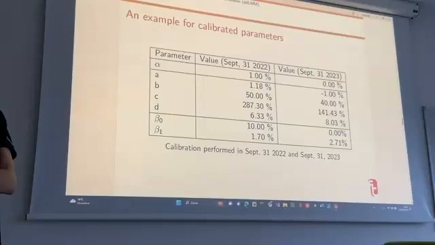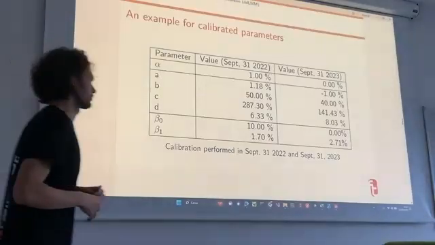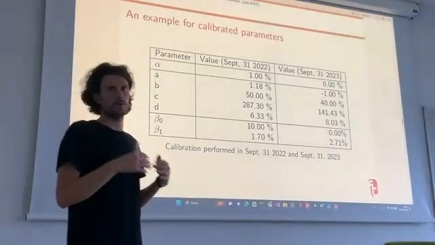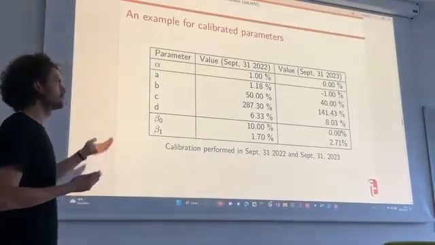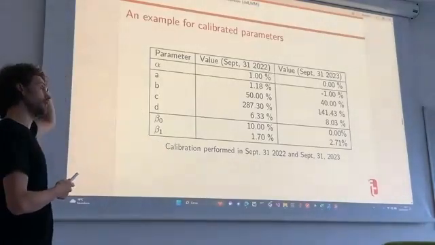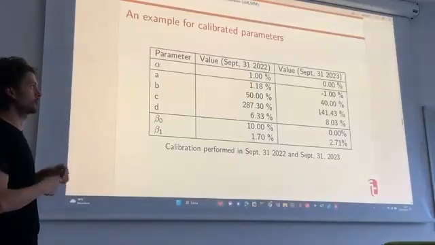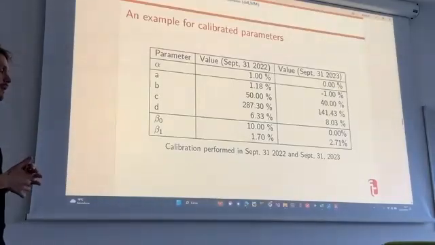Okay. How can I recognize if my choices are the right ones? Okay. Good point. So in the model validation part, I will show you that the parameters found in the calibration procedure are good enough.